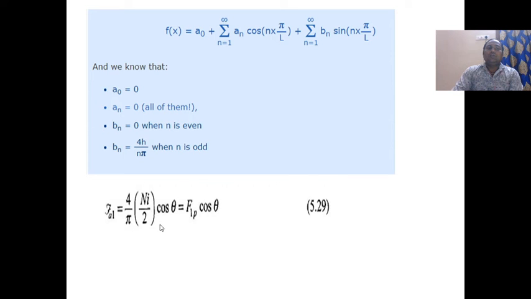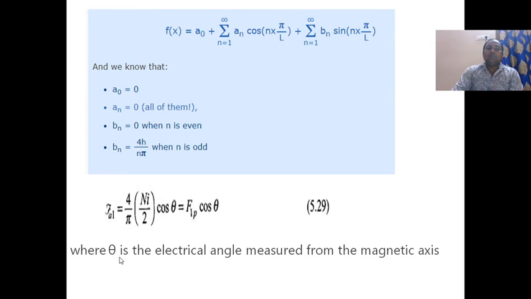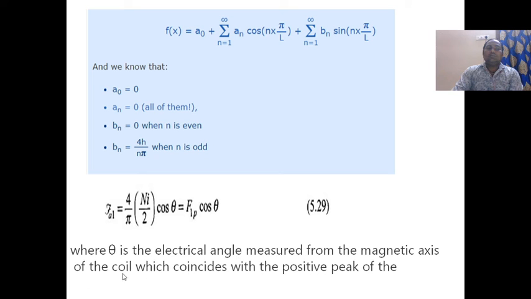So from the fundamental principle, the fundamental is 4 by pi, and we know the MMF is nothing but Ni by 2 cos theta, that is, F1p cos theta, where theta is the electrical angle measured from the magnetic axis of the coil, which coincides with the positive peak of the fundamental wave.